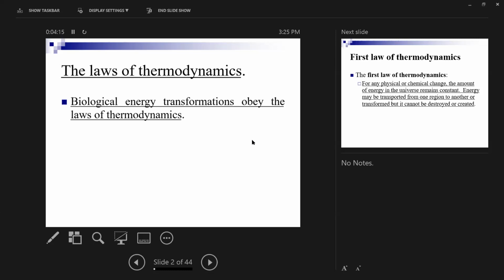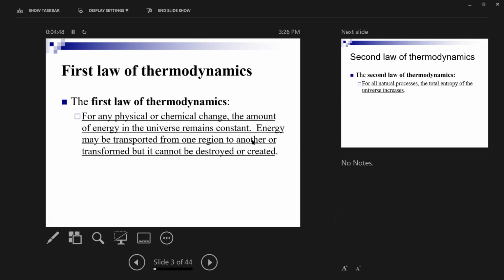Instead, life is maintained because of a constant influx of energy. So biological processes, reactions, events, transformations, whatever, obey the laws of thermodynamics. At first glance, they may appear not to, but when you look at them in more detail, it's exceedingly clear they don't violate these laws.